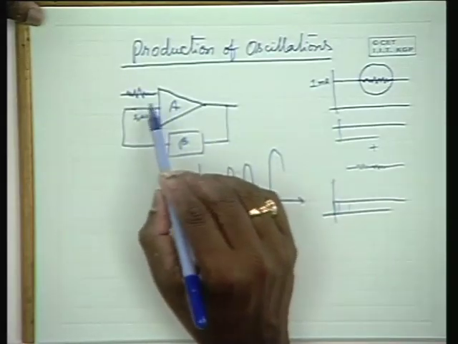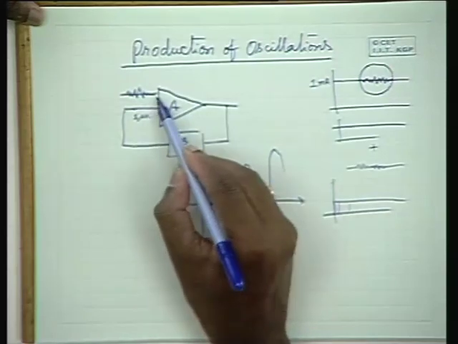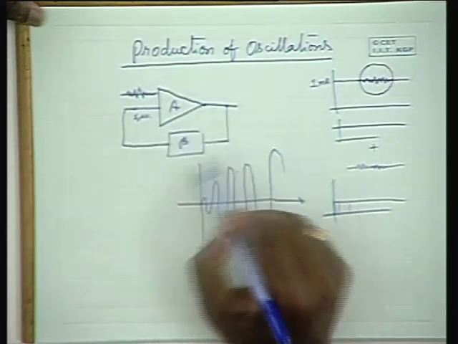If A beta is exactly equal to 1, then oscillations cannot be produced, and you have the noise only, that is passing.